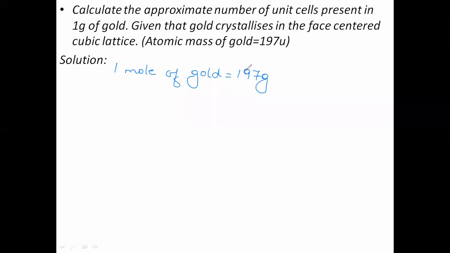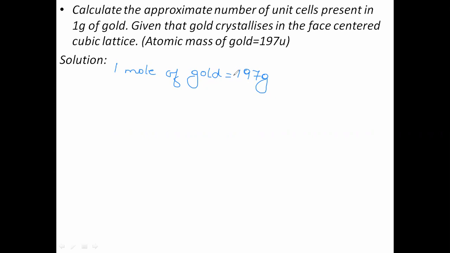So if you are feeling any doubt in this, or if you have forgotten what you have learned in mole concept, there is one video in the YouTube channel. Please watch that particular video on mole concept. You will get the proper concept of mole.